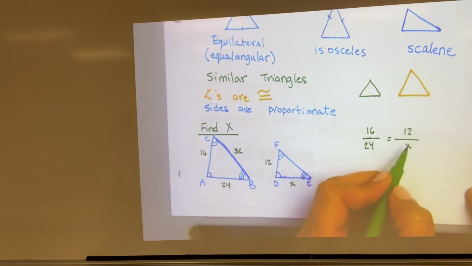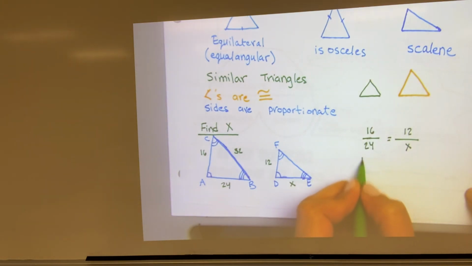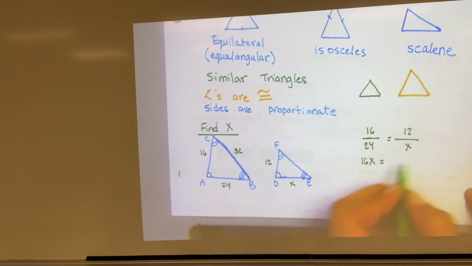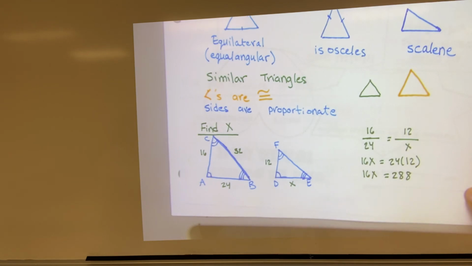Now I can solve by cross multiplying. So I have 16x equals 24 times 12, and I get 16x equals 288. Next, I can divide both sides by 16, and I'll get that x equals 18.